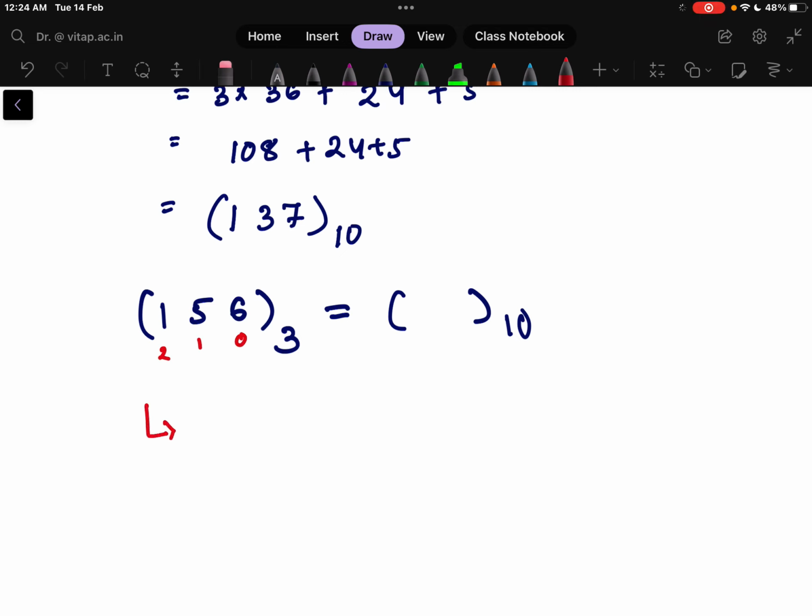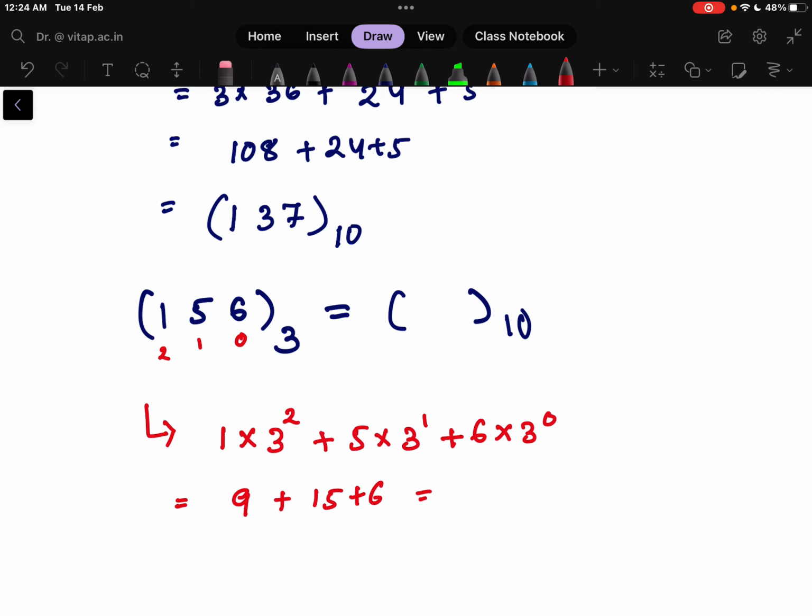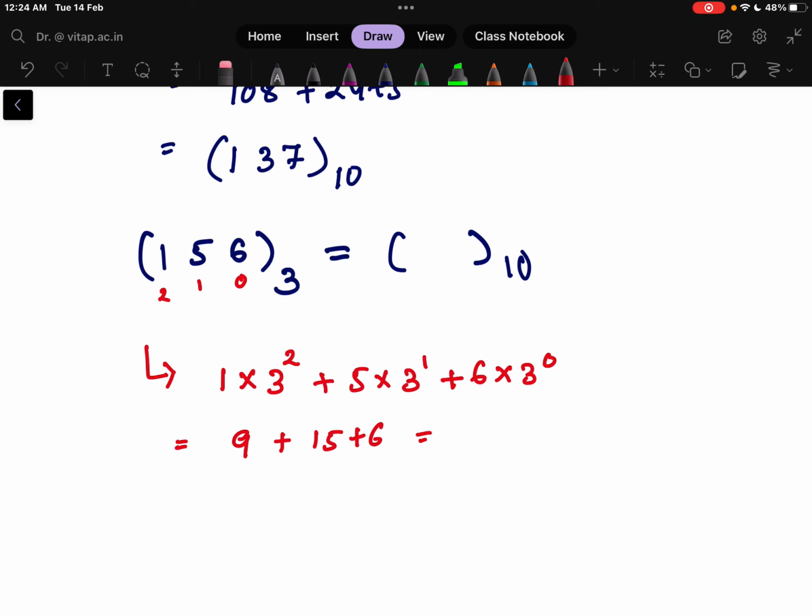So the conversion will be 1 into 3 to the power 2, plus 5 into 3 to the power 1, plus 6 into 3 to the power 0. That is equal to 9 plus 5 into 3, which is 15, plus 6, since 3 power 0 is 1. So that is equal to 30. The answer is 30, so here I will write 30 base 10.